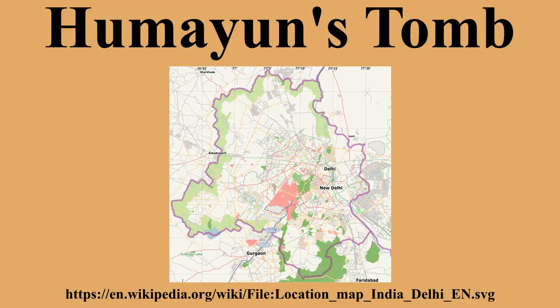It represented a leap in Mughal architecture, and together with its accomplished Charbagh Garden, typical of Persian gardens, but never seen before in India, it set a precedent for subsequent Mughal architecture.